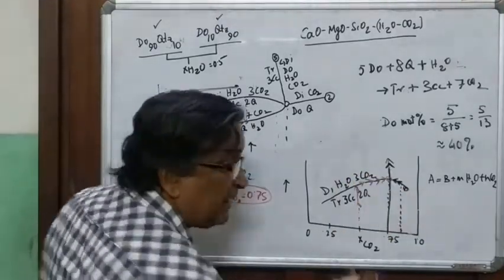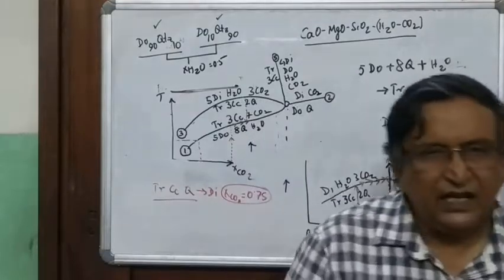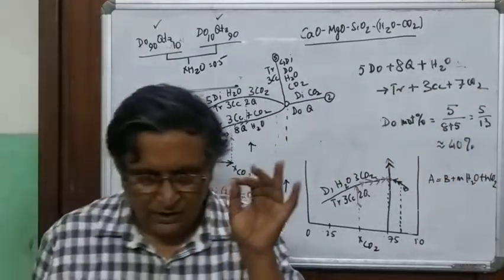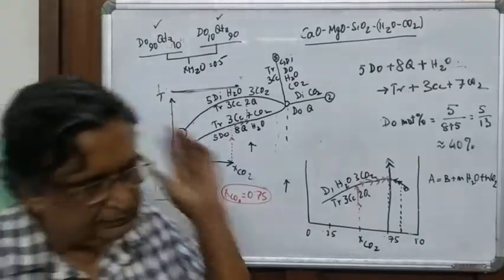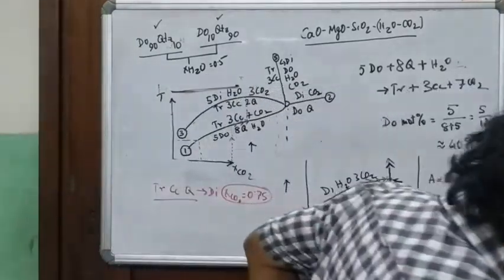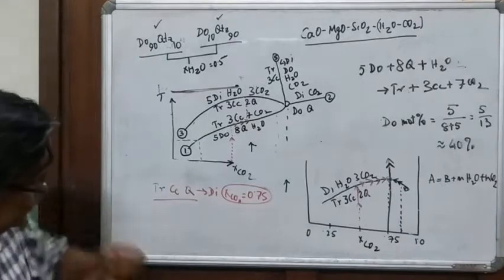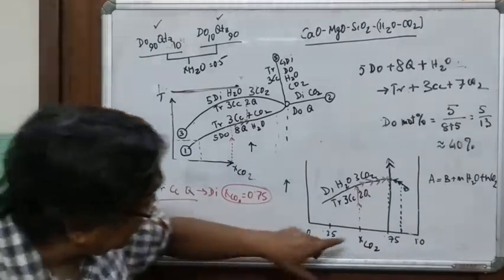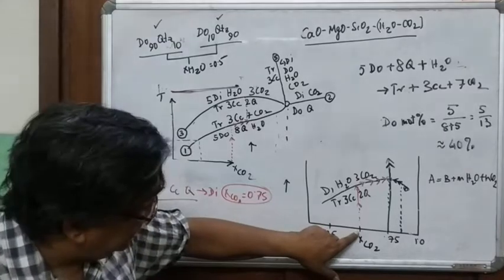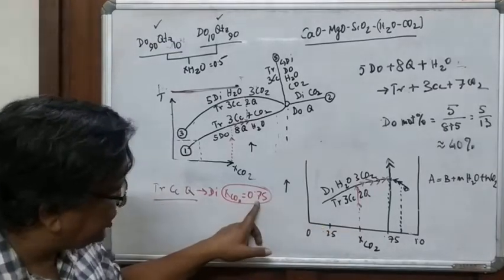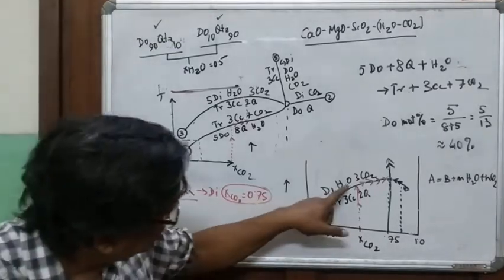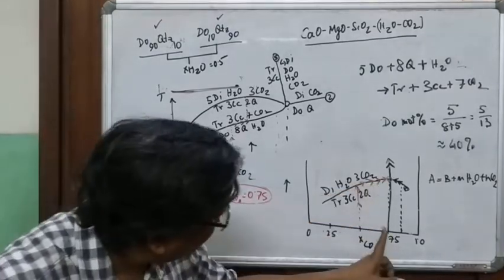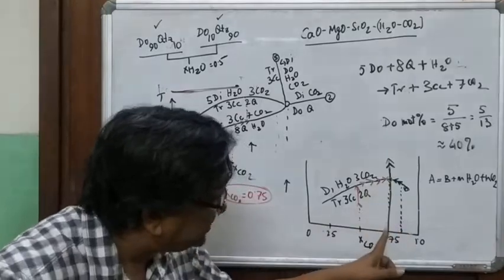I think I will give you 1 minute to think about it. You start with XCO2 0.5, add fluid XCO2 0.75, so your composition of the system moves towards higher CO2 value, but till XCO2 0.75.